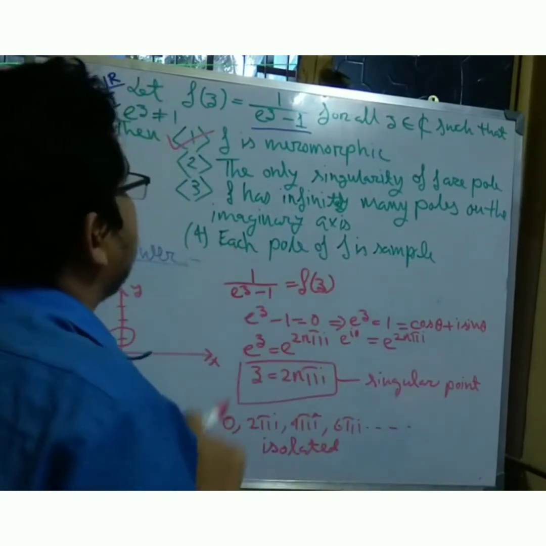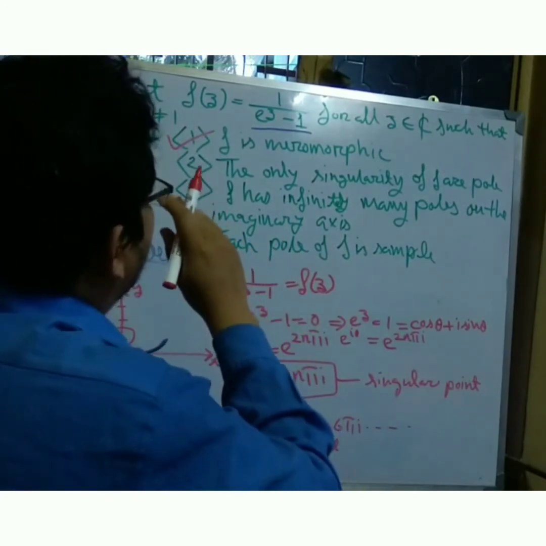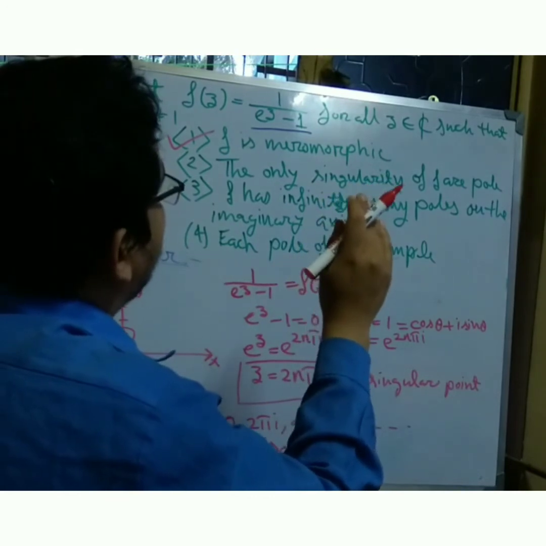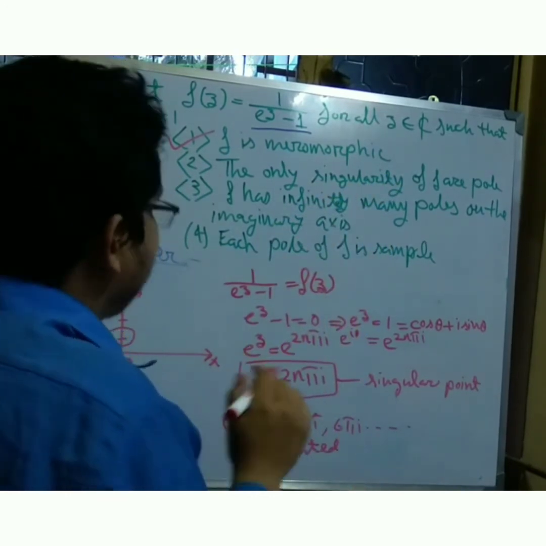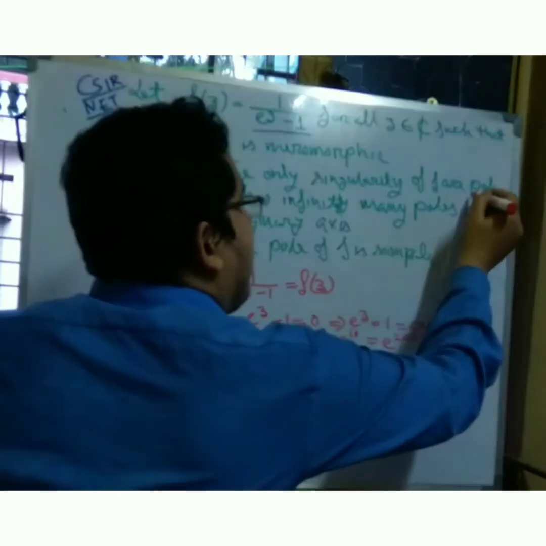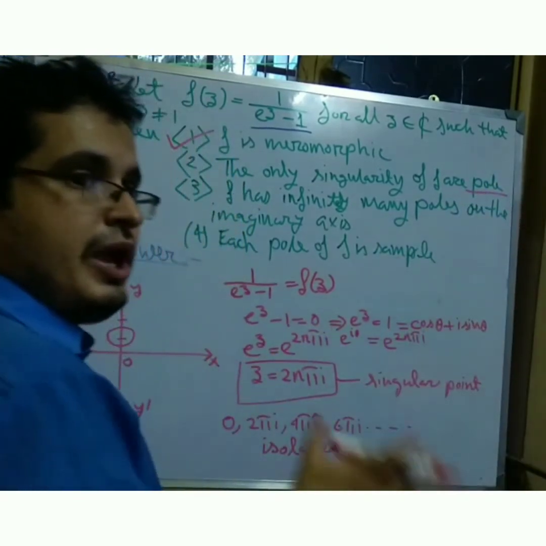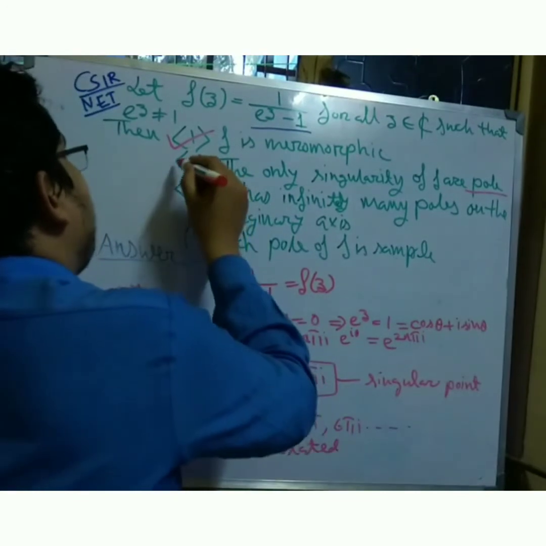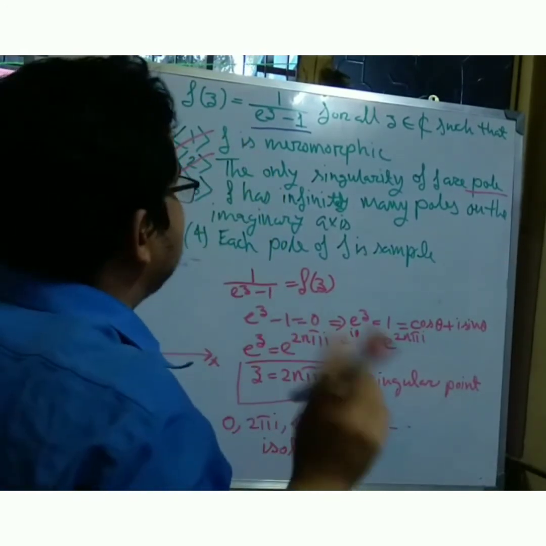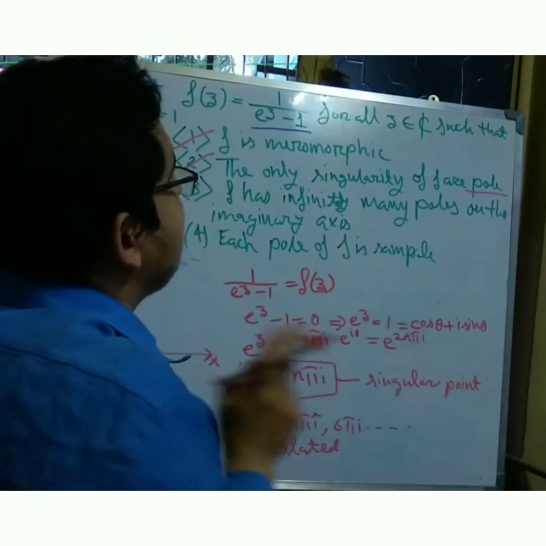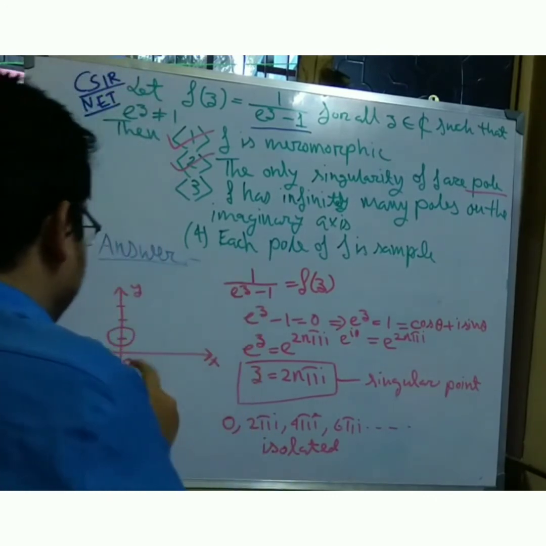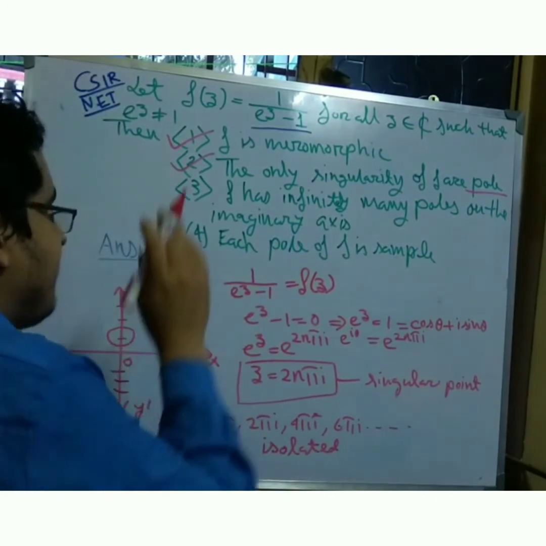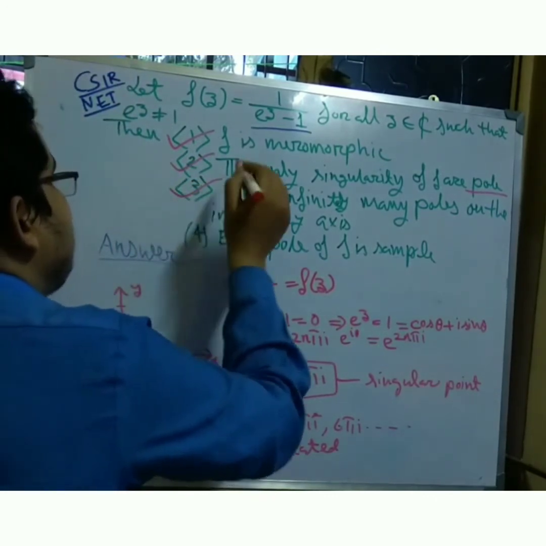And number two: the only singularities of F are poles. Yes, all singularities are poles, because we have seen that it is not a removable singularity. So my second option is also correct. And number 3, F has infinitely many poles on the imaginary axis. See, there are infinitely many, so number 3 is also correct.